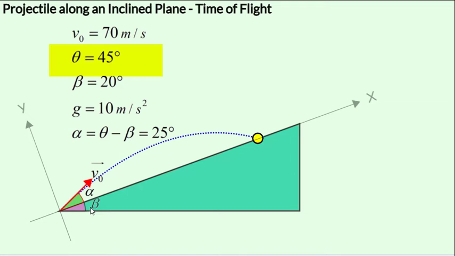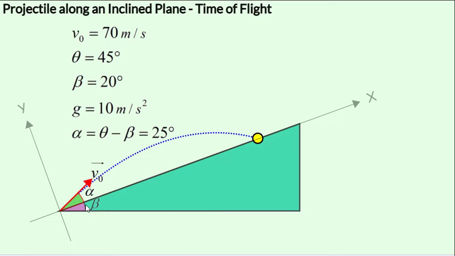The angle of launch is 45 degrees with respect to the ground. So alpha plus beta here is given as 45 degrees. And from here we can compute alpha, the angle of launch with respect to the incline, as theta minus beta, which is 45 minus 20 or 25 degrees.